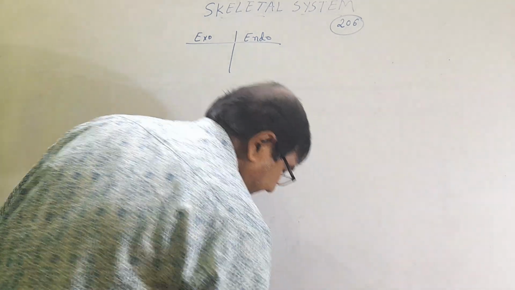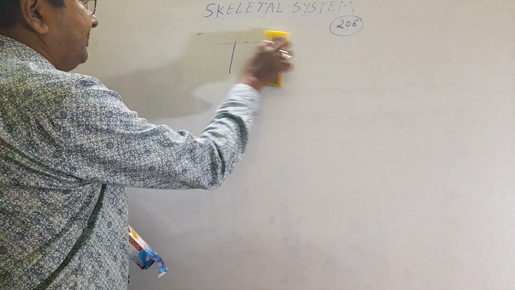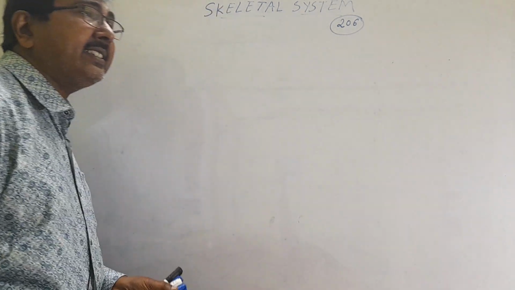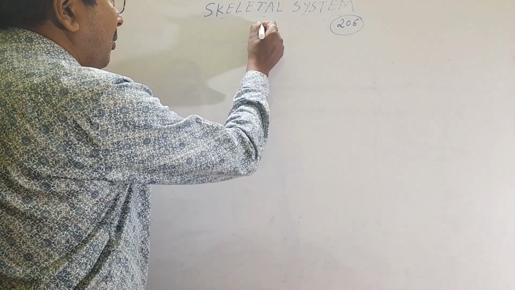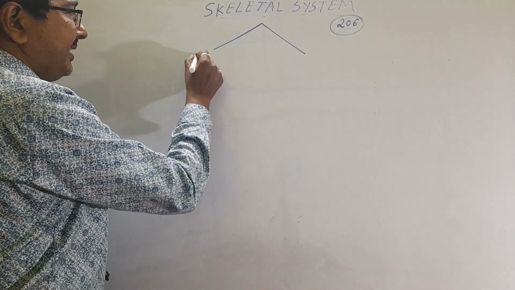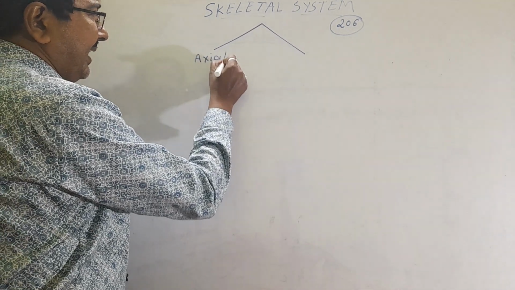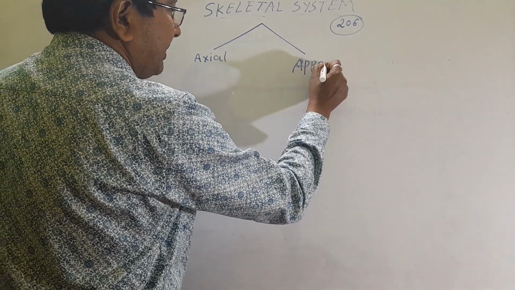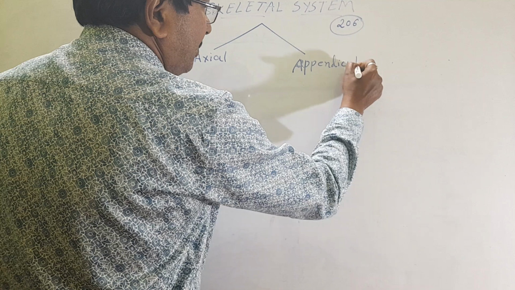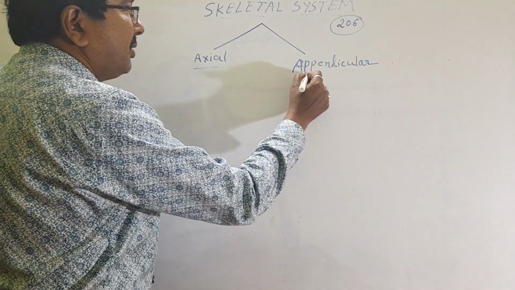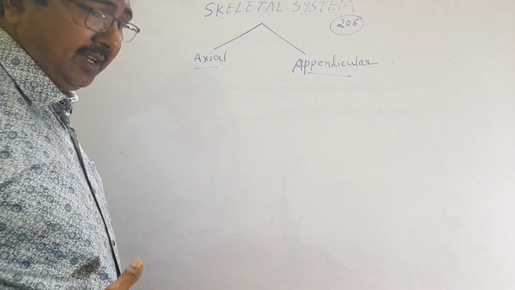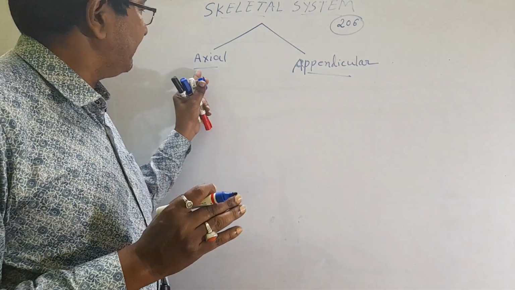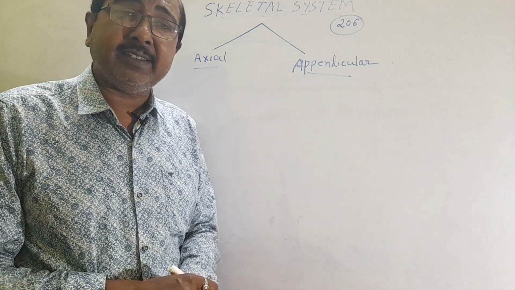Next, we can divide this skeleton into two parts: the axial skeleton and the appendicular skeleton.